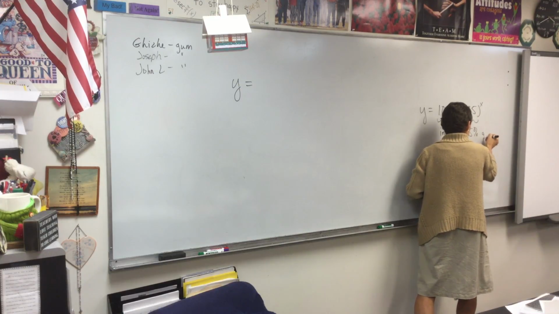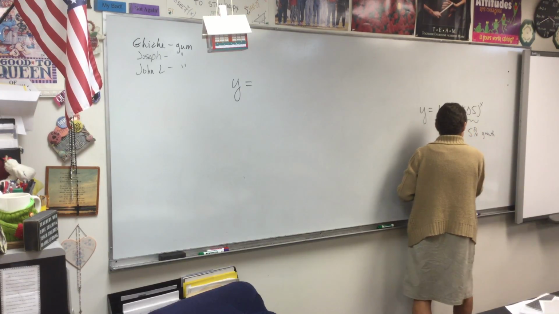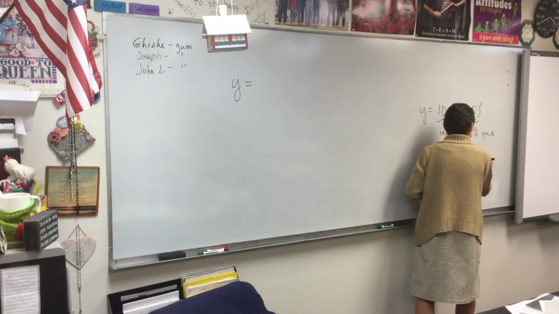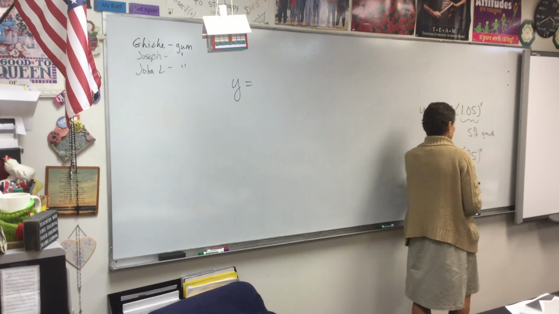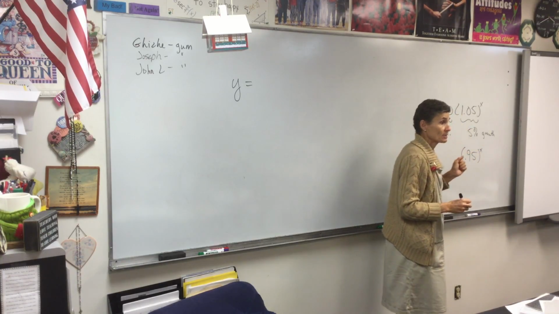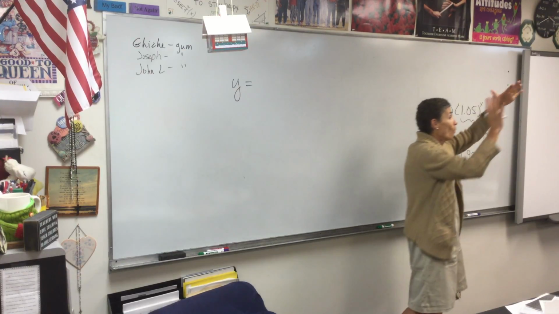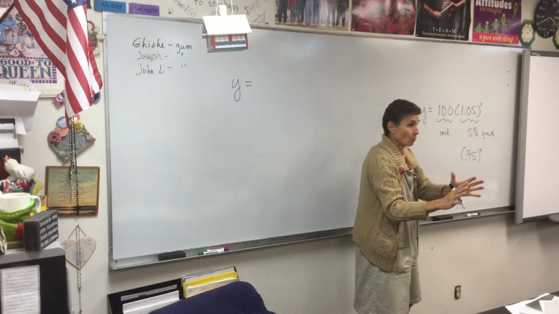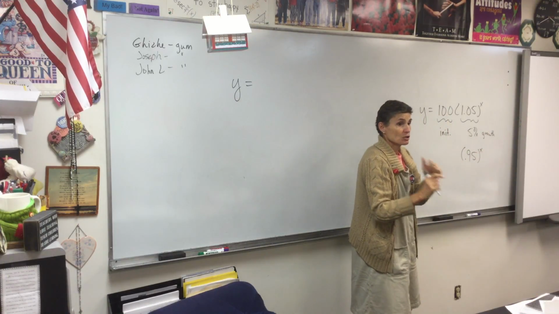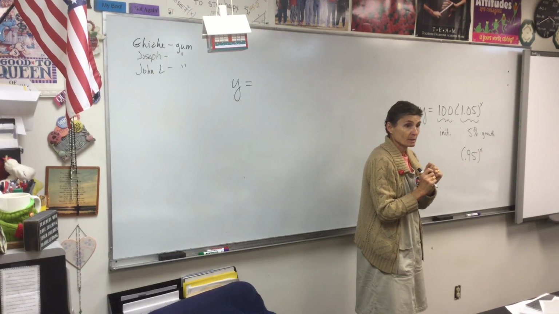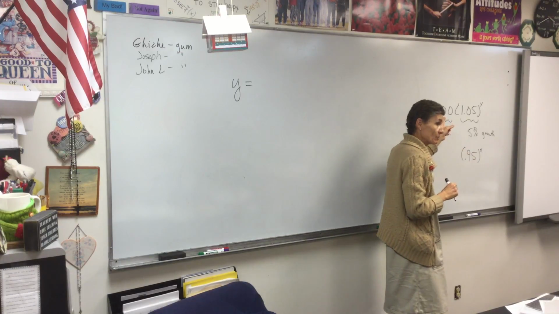So this is a 5% growth. If we were multiplying by 0.95 to the x, that would represent a 5% decay. However much you're more than 1 or less than 1 is your growth or decay. This is your initial value.